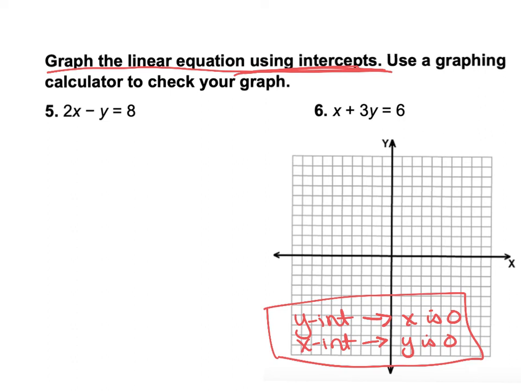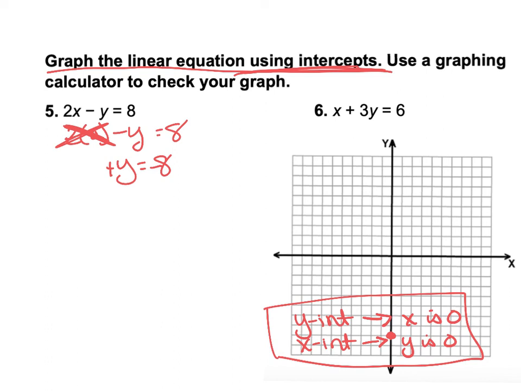So let's plug in 0 for x. 2 times 0 minus y equals 8. This would basically be 0. So a negative y equals 8. So a positive y would be negative 8. So our y-intercept is negative 8, which would be down here.